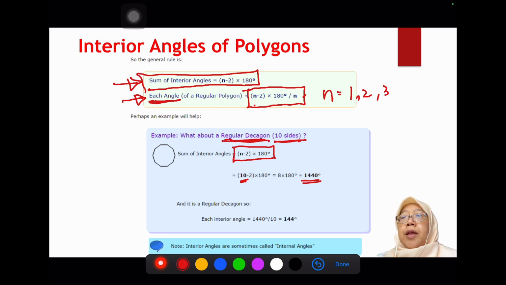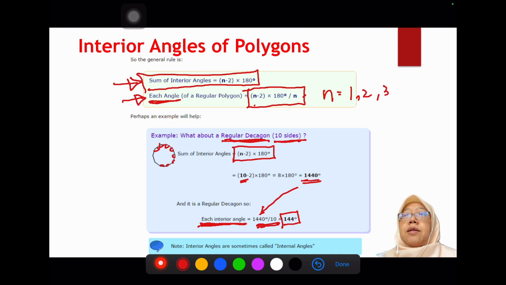Now, each interior angle, we want to find each angle. 1440 that you have counted, divide by 10. So it is 144 degrees. So that means each angle here will be 144 degrees.